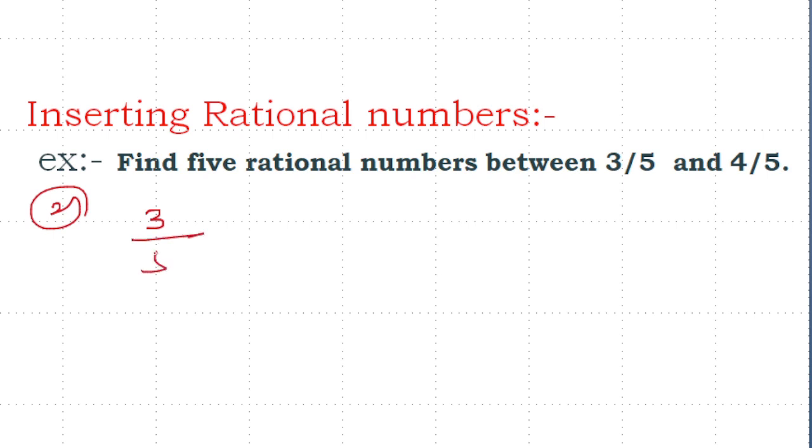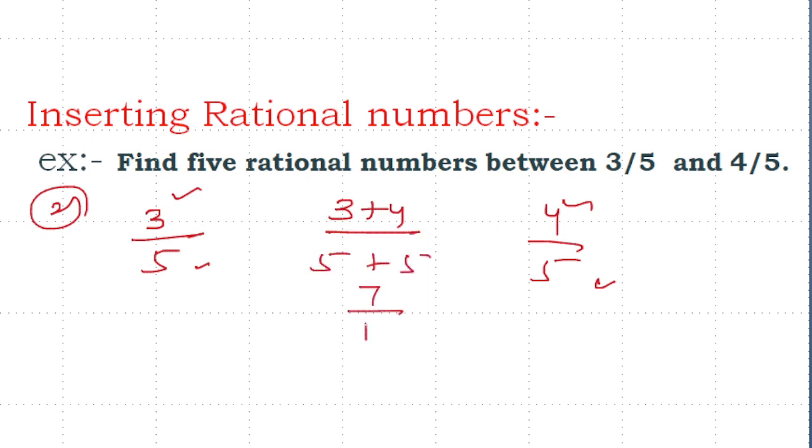So the second method: 3 by 5, 4 by 5. Add both the numerators and both the denominators. This will come as the middle number. So what came? 7 by 10.